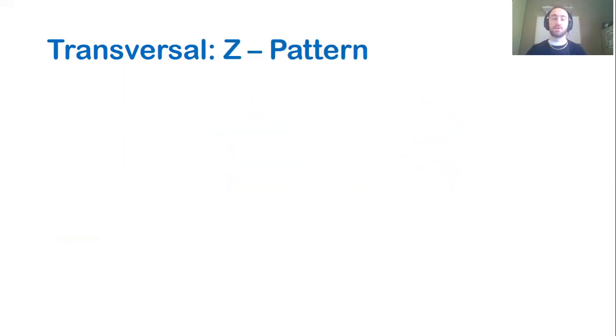So with transversals, there are 2 distinct patterns that we're going to look for when we're trying to find angles. The first is called a Z pattern. You're simply looking for the letter Z. Now it could be forward or it could also be backwards.